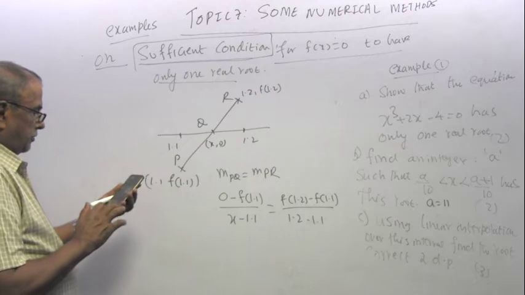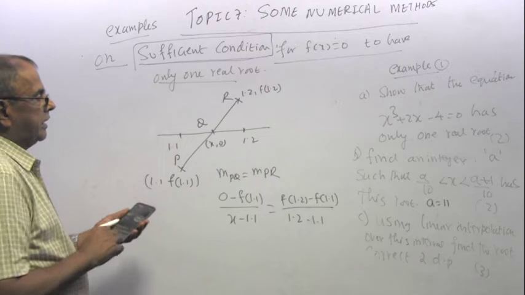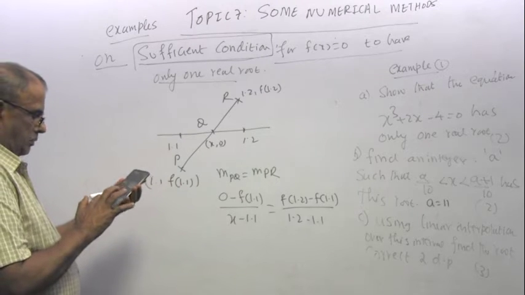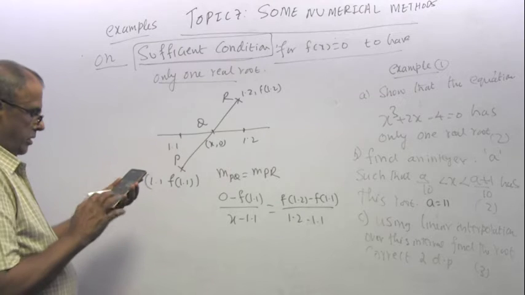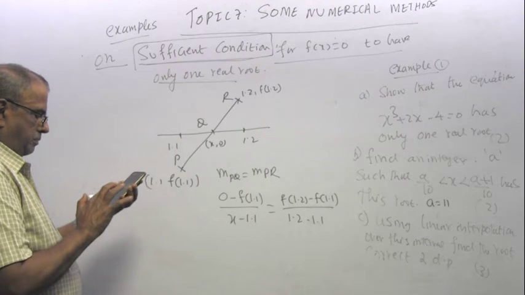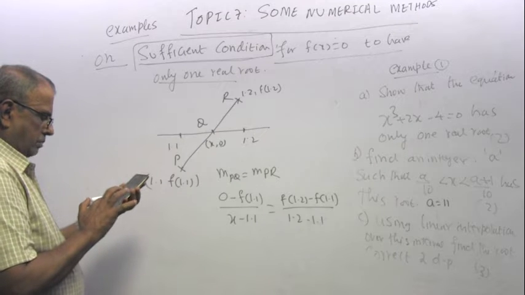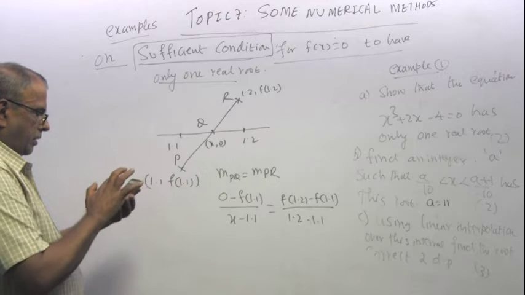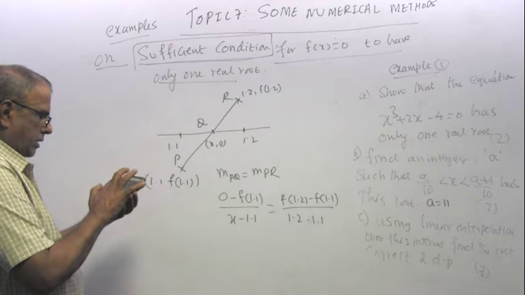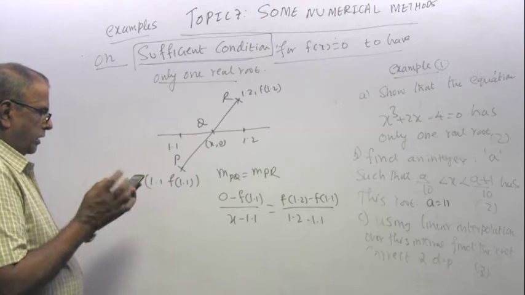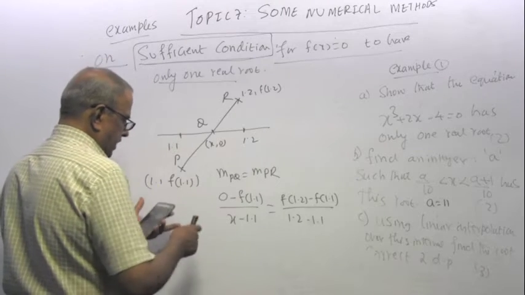Let me work out what is f of 1.1. It is 1.1 cube plus 2 times 1.1 minus 4, which is minus 0.469.